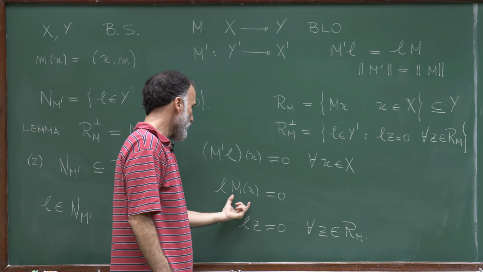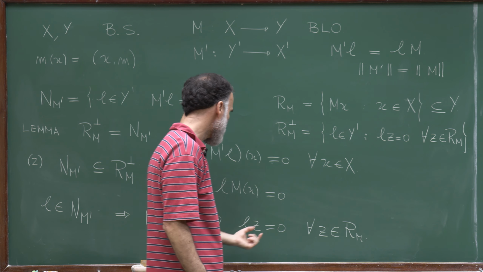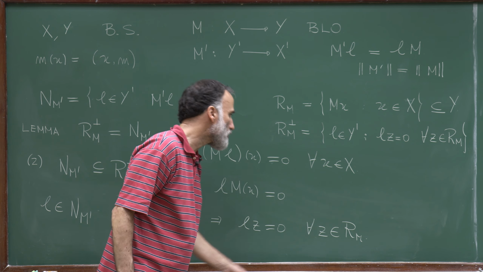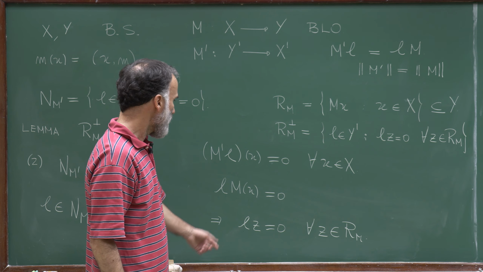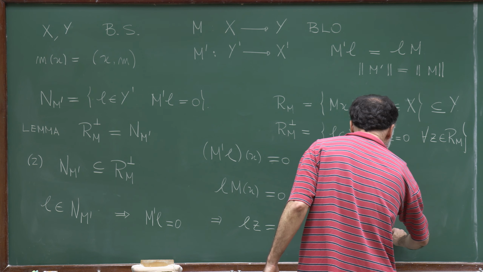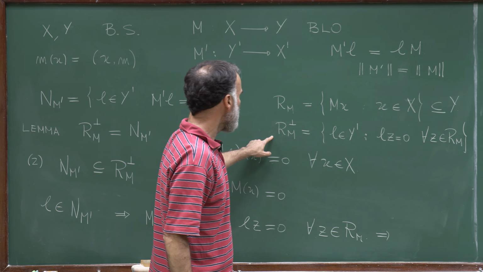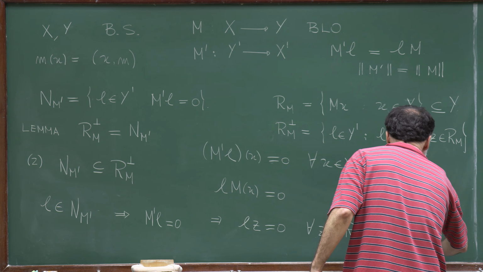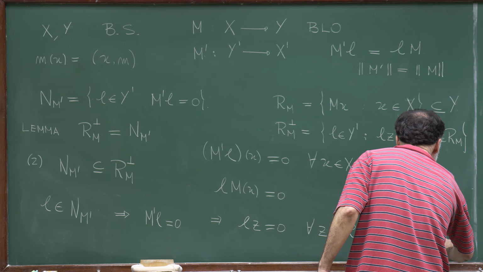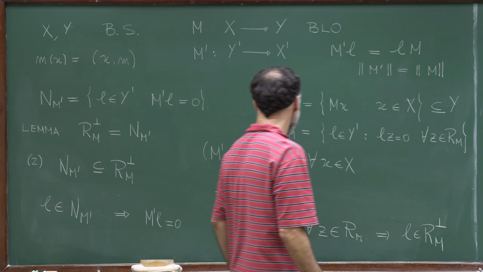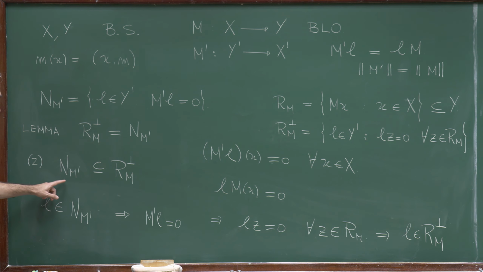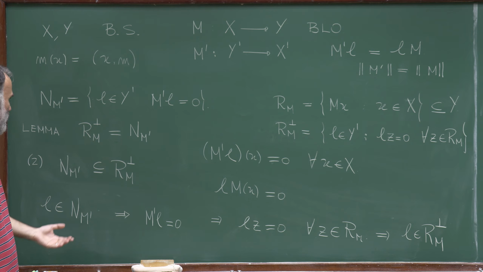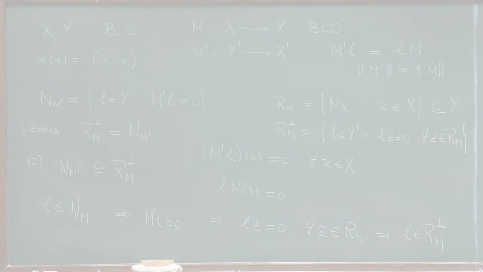So since L of mx is equal to 0 for all x, this is saying that L of z is equal to 0 for all elements in the range of m, and therefore, by definition, L belongs to Rm perp. We just proved, therefore, that Nm prime is included in Rm perp, and therefore we have the identity, the lemma is proved.